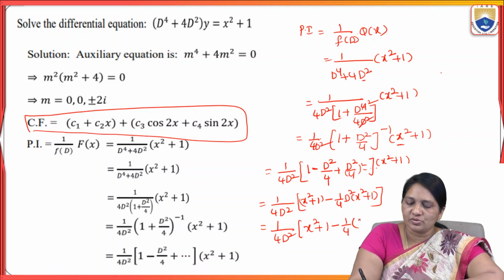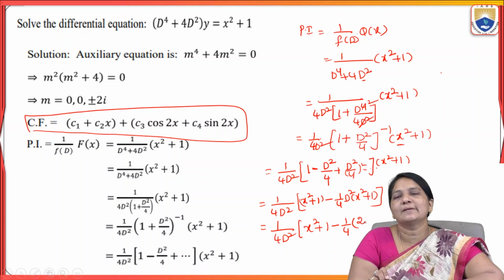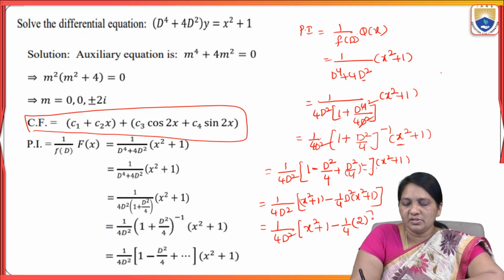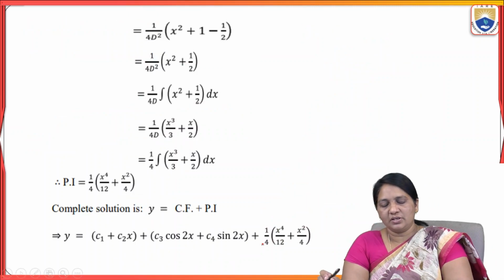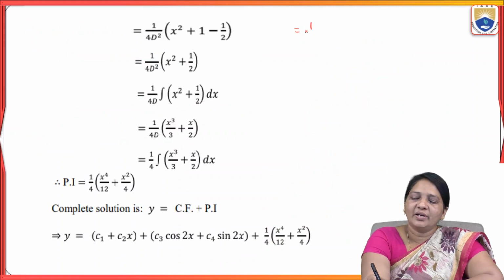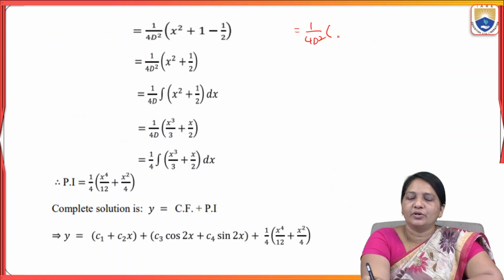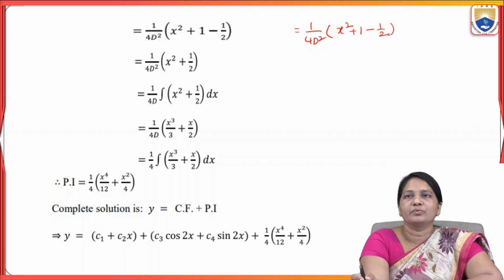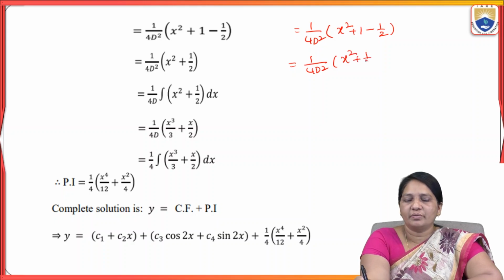D of x^2 is 2x and D^2 of x^2 is 2. So this value is 2. So we observe 1 by 4D^2 into x^2 + 1 minus 1 by 2. So finally what is this value? 1 by 4D^2 into x^2 + 1 by 2.